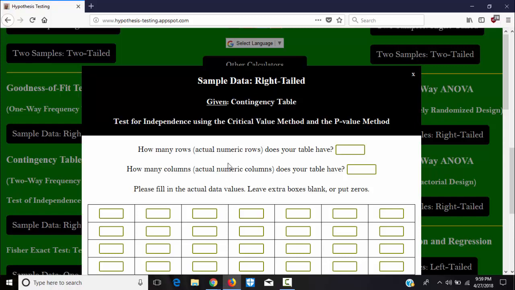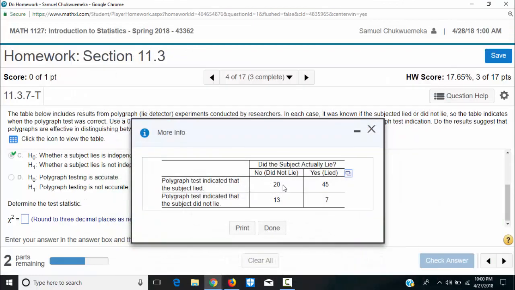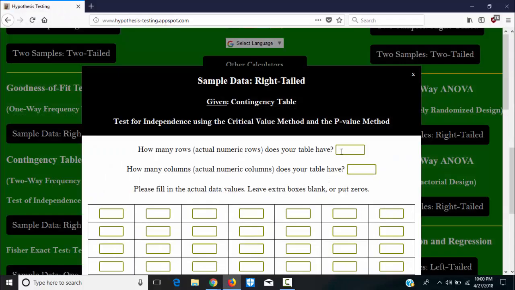We care about the numbers. How many rows does your table have? In this case, don't count the non-numeric labels, just count the numeric. We have 2 rows and 2 columns, so you put 2 rows, 2 columns.